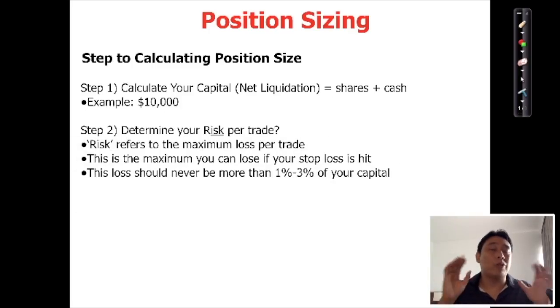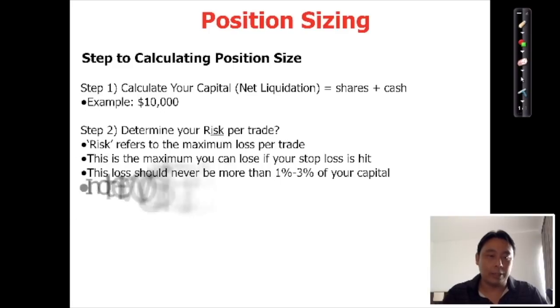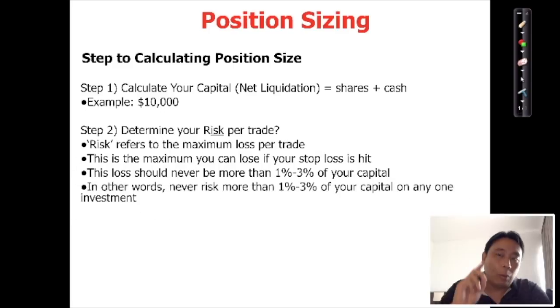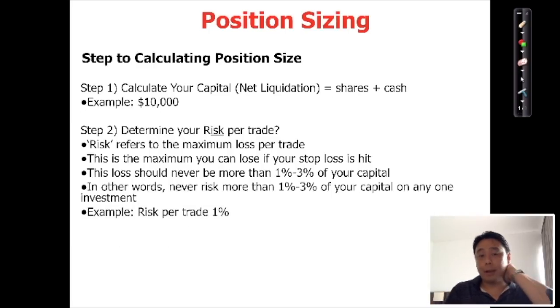Now, this loss should never be more than 1% to a maximum of 3% of your existing net liquidation. In other words, you never risk more than 1% to a maximum of 3% of your capital on any single one trade. If you take nothing from me, take this one idea. It will make you a lot of money and save you when times get tough, right?